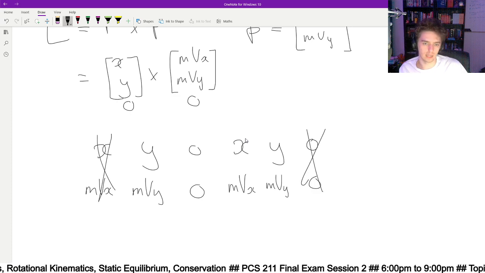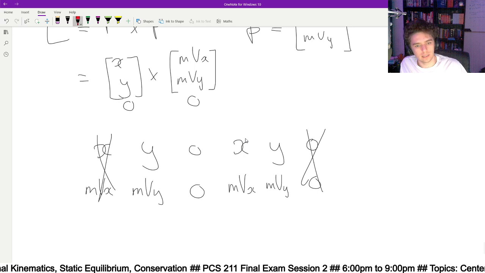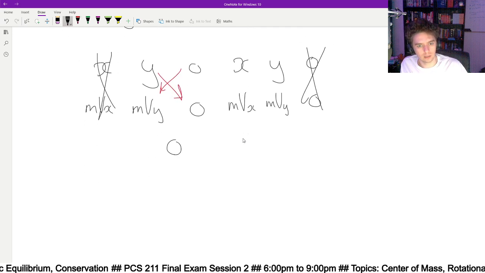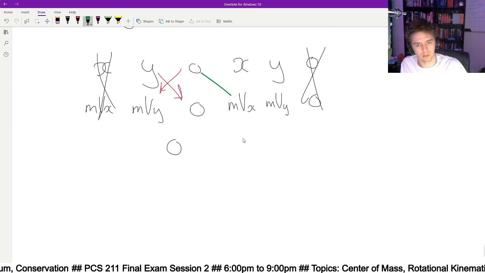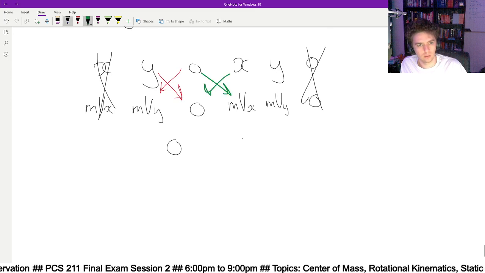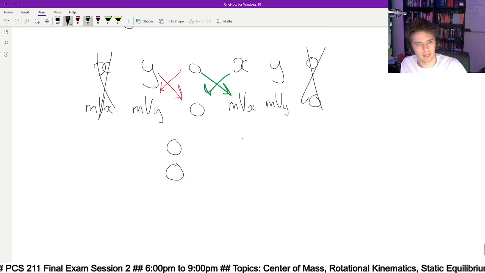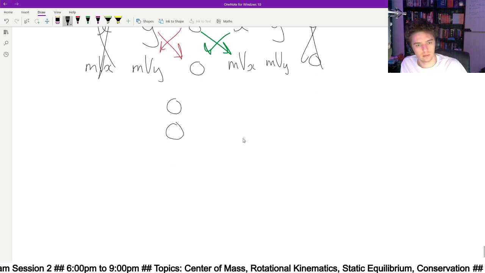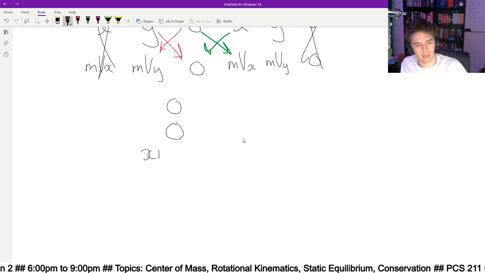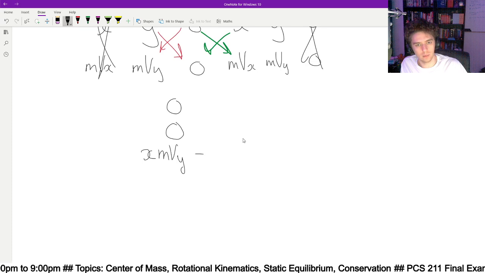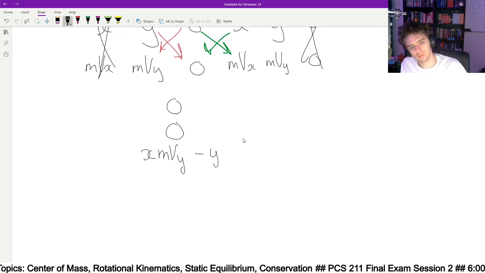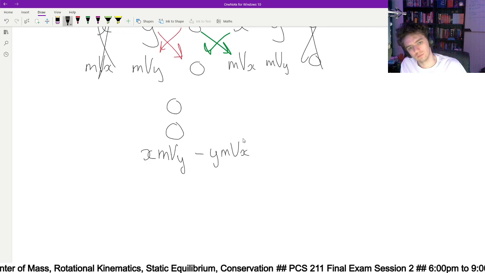Knock off the first and last ones, and I take the determinant. This determinant is 0. The next determinant is also going to be 0. And the last determinant is going to be x times m vy minus y times m vx.